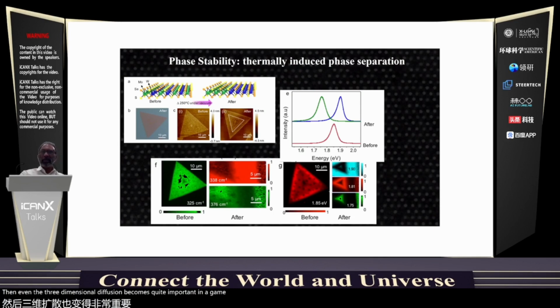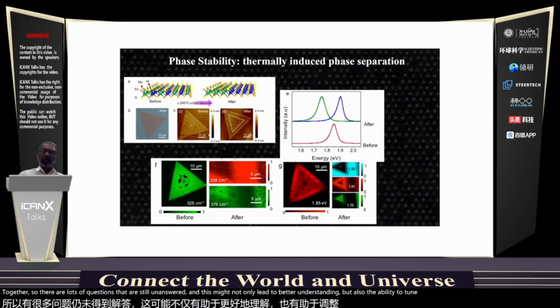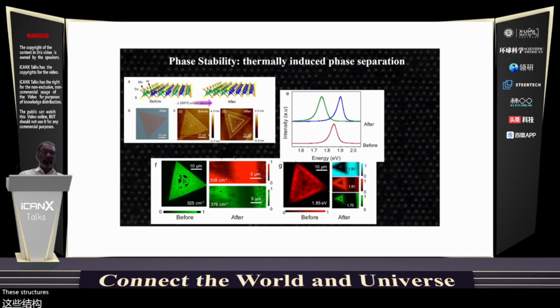Can these layers with different atomic compositions mix together? So there are lots of questions that are still unanswered, and these might not only lead to better understanding, but also the ability to tune these structures from the perspective of composition, phases, domains, and so on.